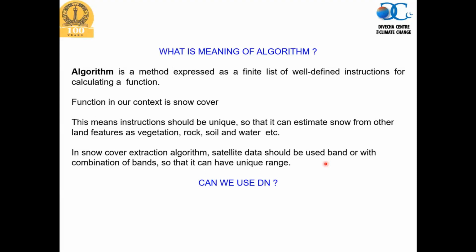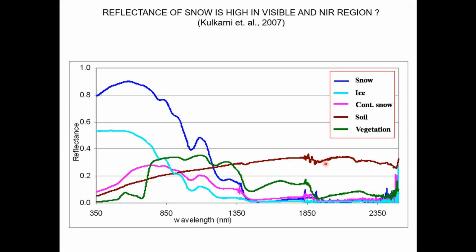Many of you are aware that if you have ever worked on the raw satellite data, then raw satellite data is nothing but the digital number. So we will go to that. But the question which you ask yourself is, can we use a digital number to do the further analysis? We will explore that issue a little bit later on, but keep that in mind.